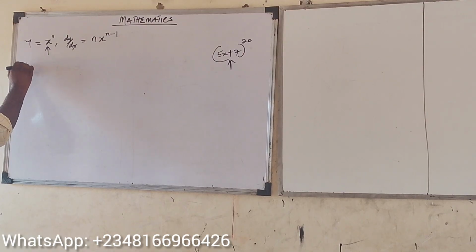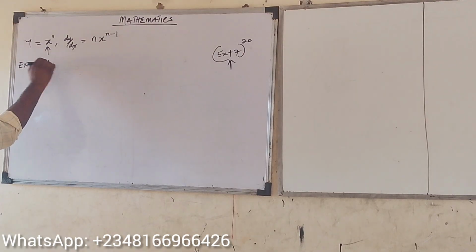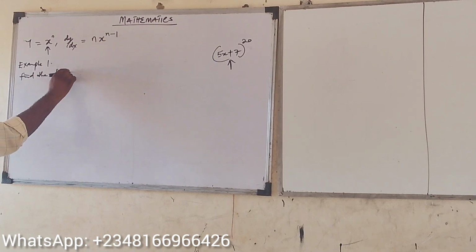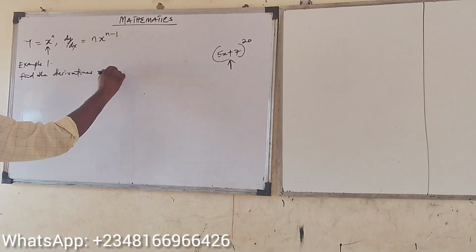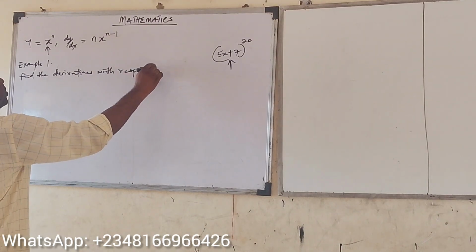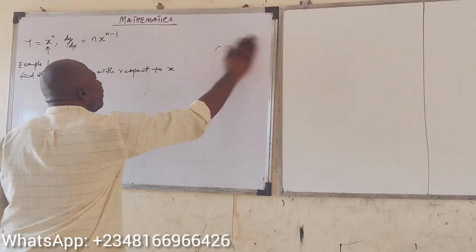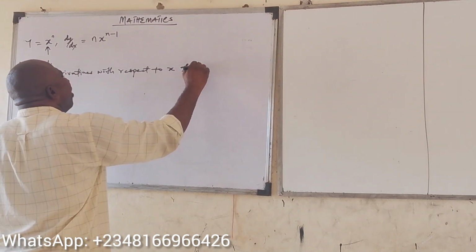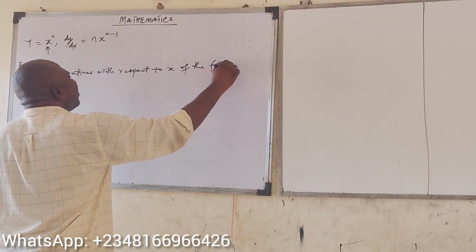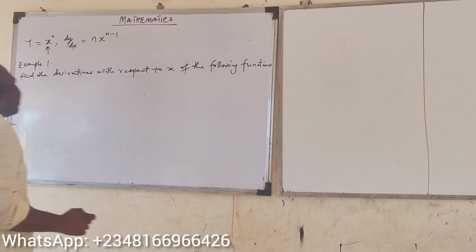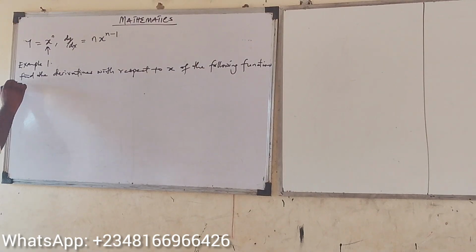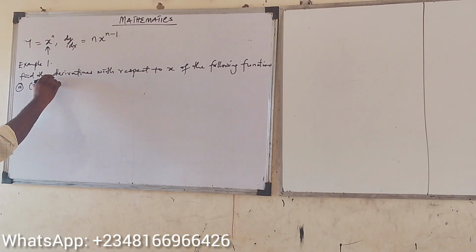Example 1. Find the derivatives with respect to x of the following functions. A, we have 3x plus 2 raised to the power of 20.